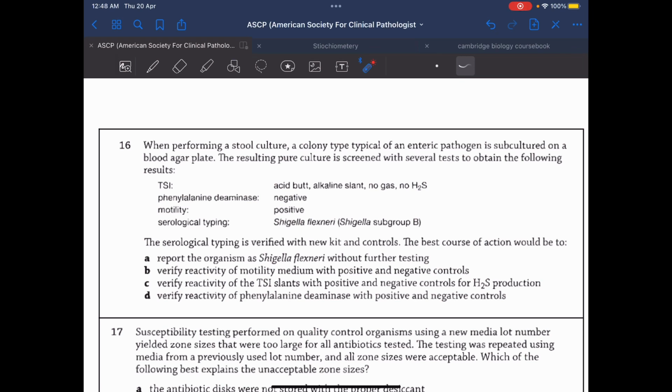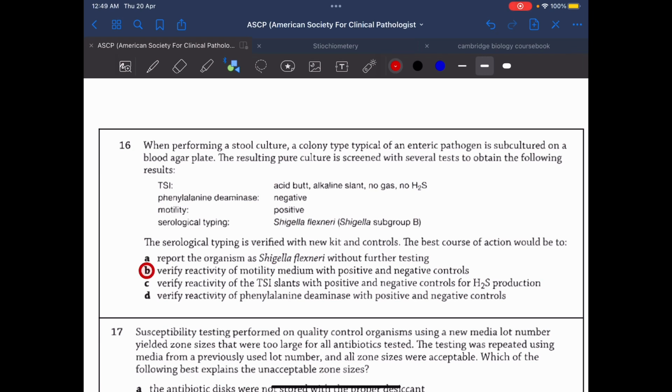All of the biochemical and serological reactions listed are consistent with an identification of Shigella flexneri, with the exception of motility. All Shigella are non-motile. So the correct answer is B.